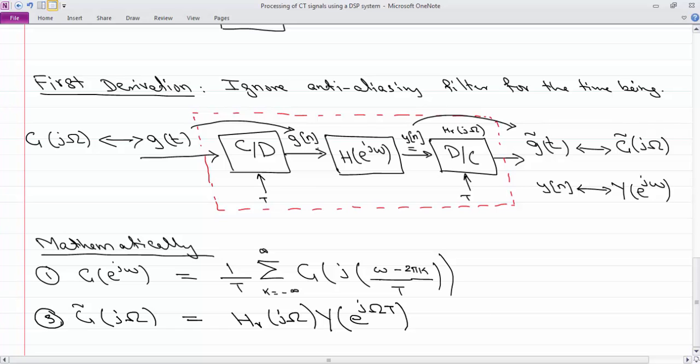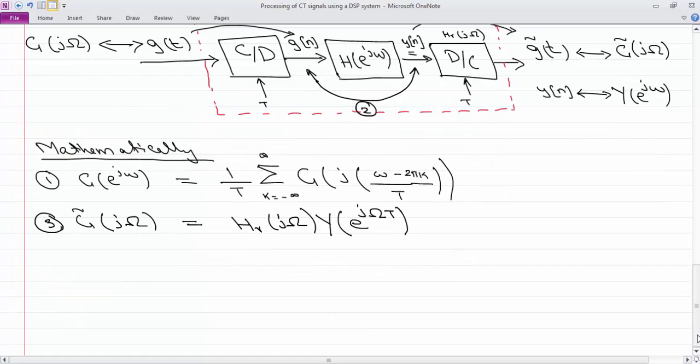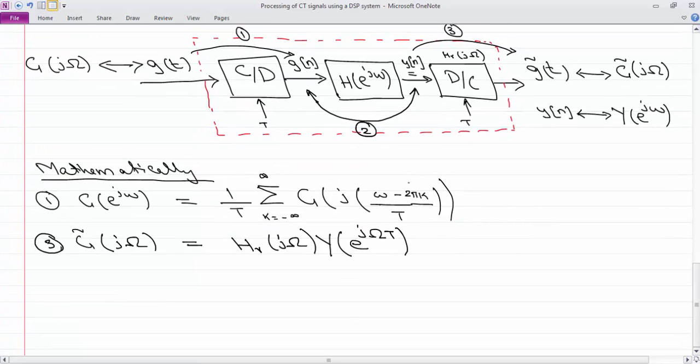So what is the missing link now? We need to understand the relationship between the input and output of this block. So let's call this 1, this is 3, and this is 2. 1 and 3 we know from our last topic. What about the input-output relationship of block 2? Let's call the Fourier transform of Gn as G of e to the j omega.